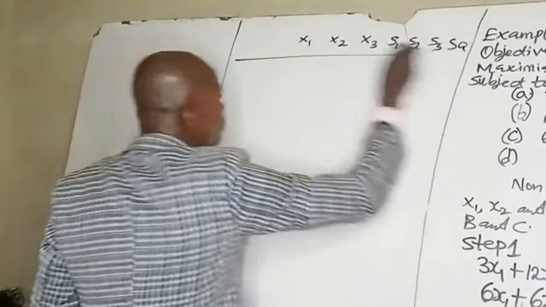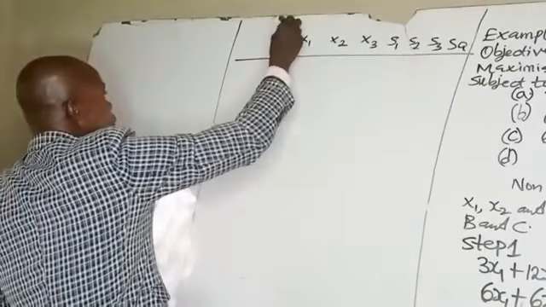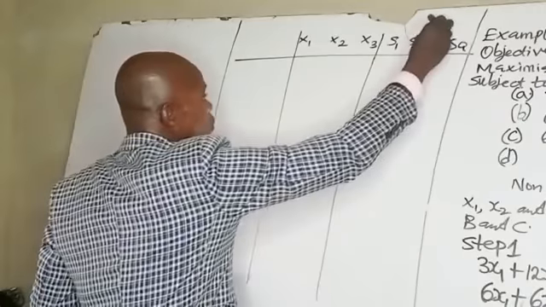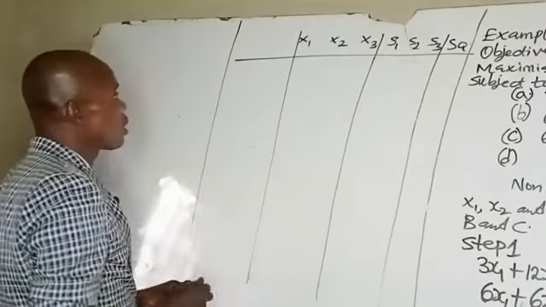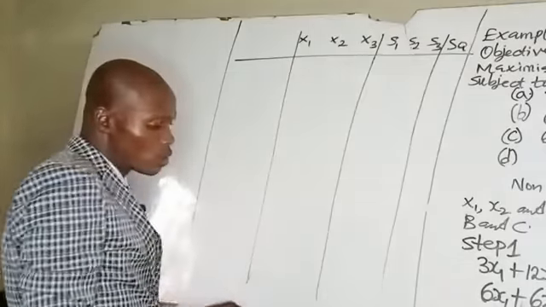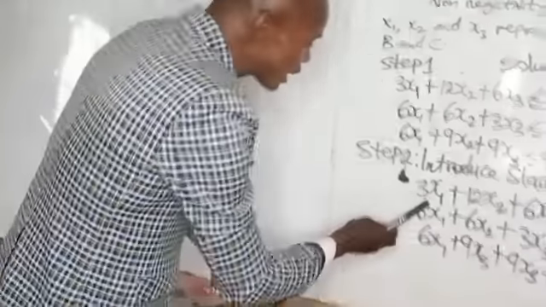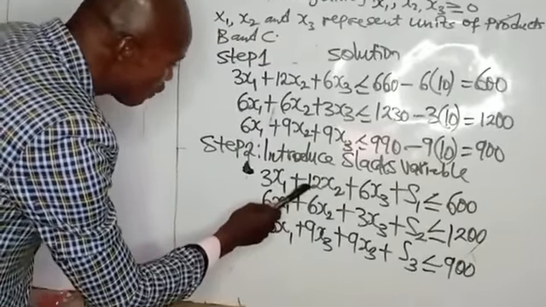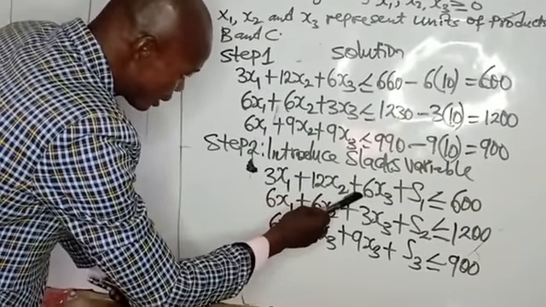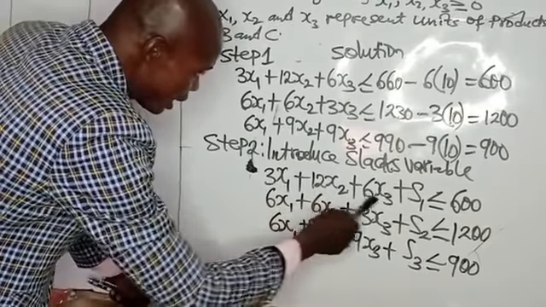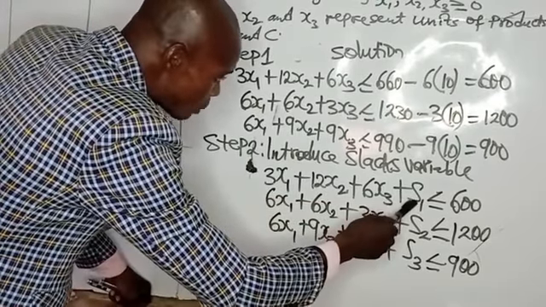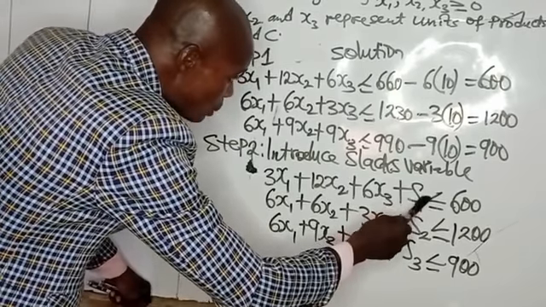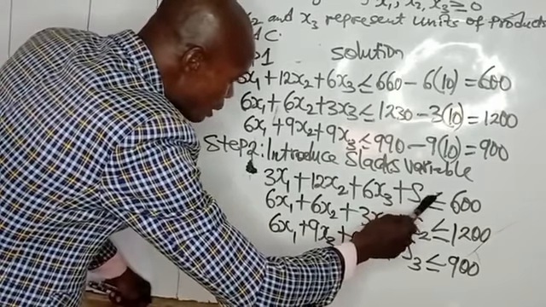For the first constraint, we have the coefficients of x1, x2, x3: 3, 12, 6. The coefficient of slack 1 is 1, but no slack 2 and 3. So the coefficient of slack 2 will be 0, and that of slack 3 will be 0 as well.